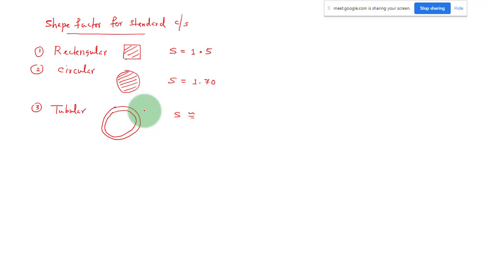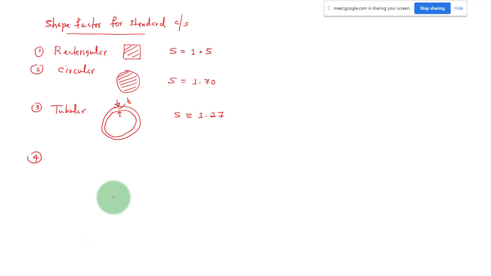It depends on the outer diameter and inner diameter, but it is approximately in the range of 1.27. Okay, I think this thickness will be small. It is actually a thin wall section. If the thickness is large, then the value will be different accordingly.